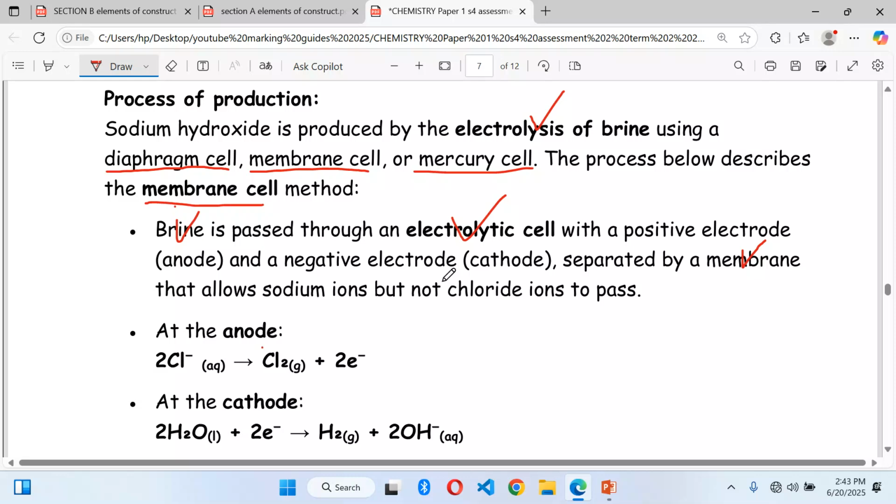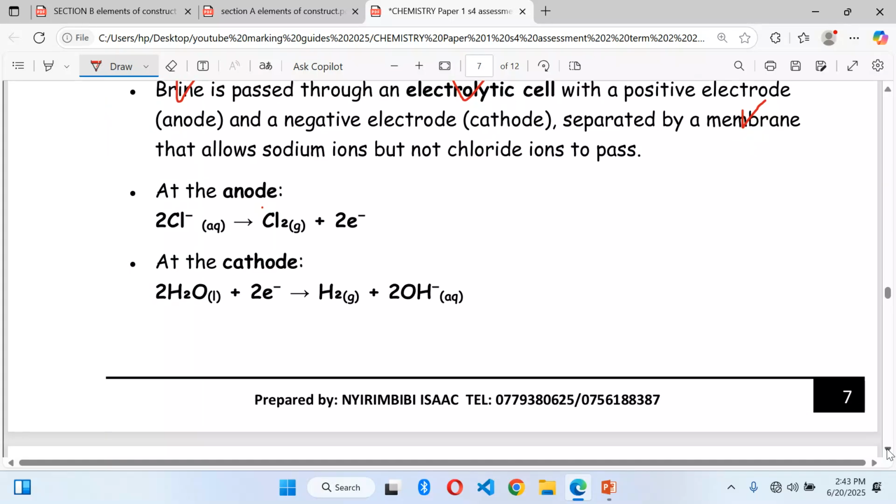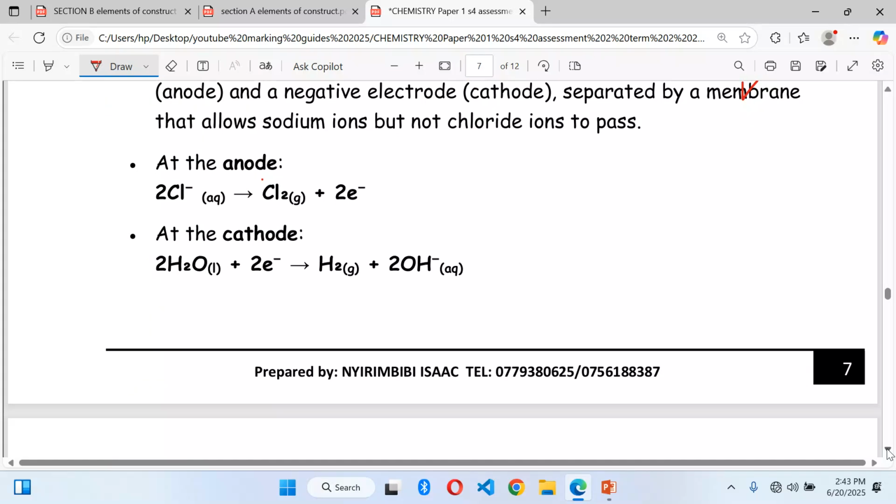Now at the anode. The anode is positively charged, which means the negative ions will move towards the anode, while the positive ions will move towards the what? The cathode. So the negative ions move to the anode, and the chloride ions are discharged to form chlorine gas.